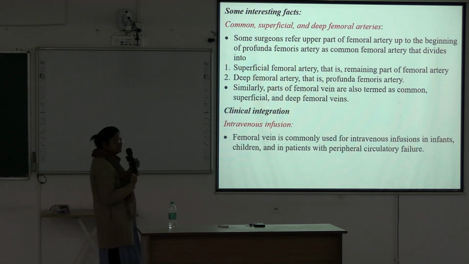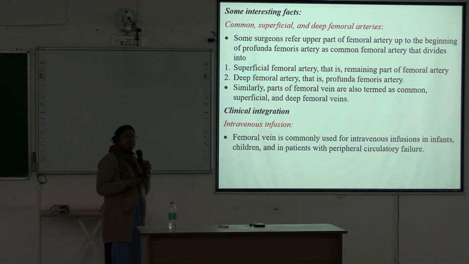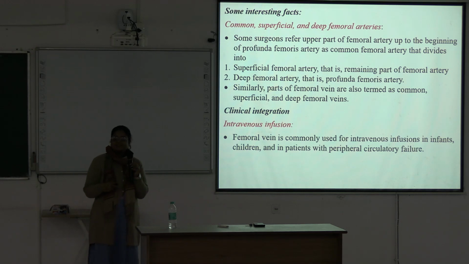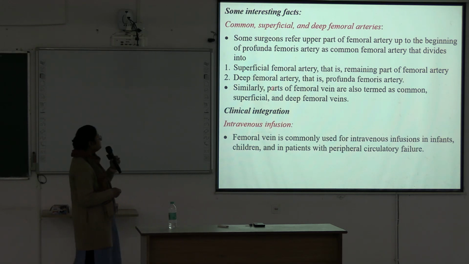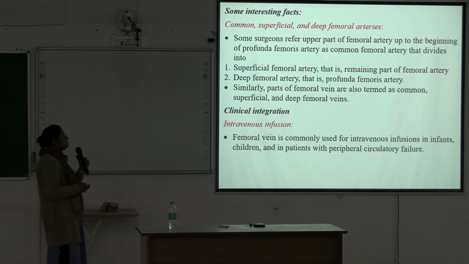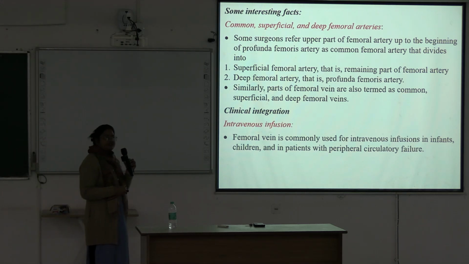If a long question comes on femoral artery or femoral vein or femoral sheath, these terms are also used. So you have to understand deep femoral artery means profunda femoris artery, and superficial femoral artery means femoral artery, and common is the main trunk before giving the branch.